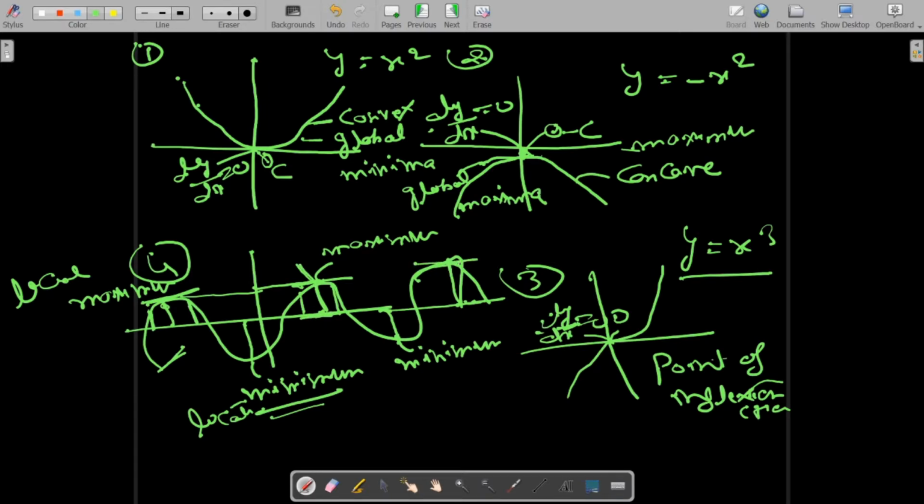Similarly here also, and the same thing happens for minima also. This particular minima, if you take this range, this is the minimum one. Similarly here also, this is the minimum one. So here we have multiple maxima and multiple minima with respect to their neighborhood. That's why we are saying it is local maxima or local minima.